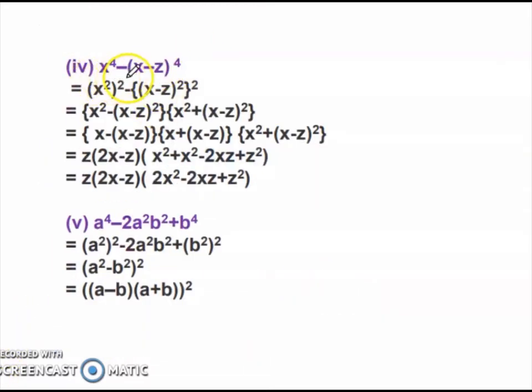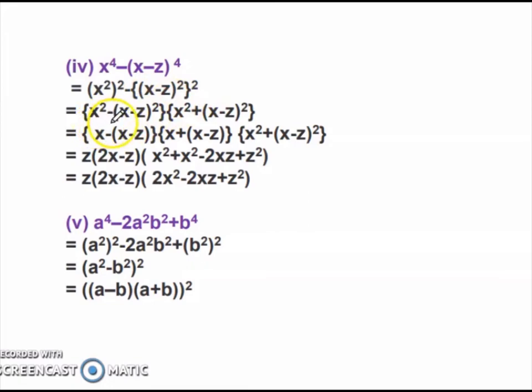Next: x raised to the power of 4 minus x minus z the whole raised to the power of 4. So you will write raised to the power of 4 as square of square. So x square the whole square minus x minus z the whole square, square of that. So two brackets have been put here.